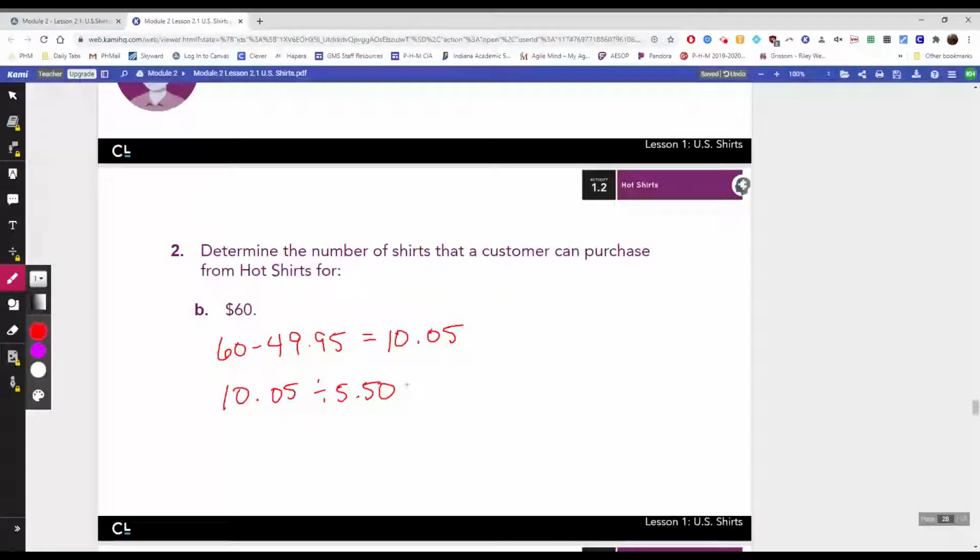That's probably something we'd have to go off to the side and do, or we can grab a calculator and do 10.05 divided by $5.50, and I got a decimal that is about 1.83 or so. This means that this customer can buy 1 shirt.